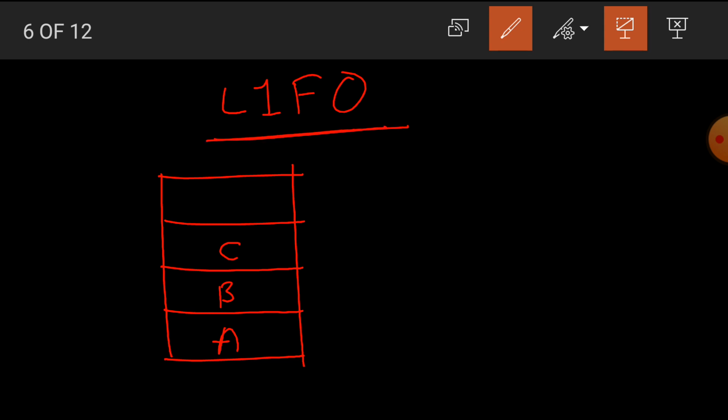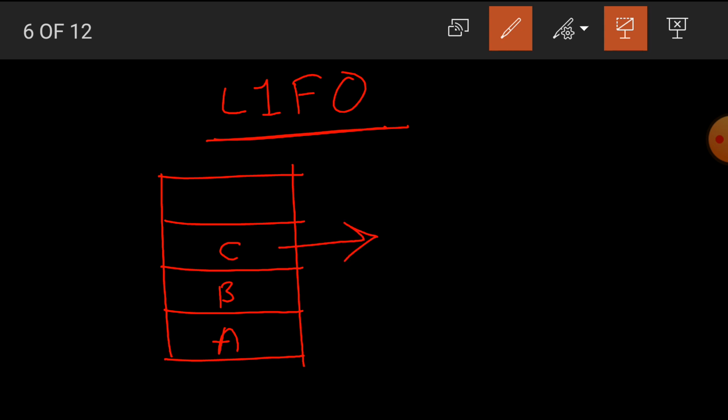Consider any register which is performing last in first out. Suppose it contains A, B, and C. What is meant by last in first out? Whatever is stored in this register last goes out first.